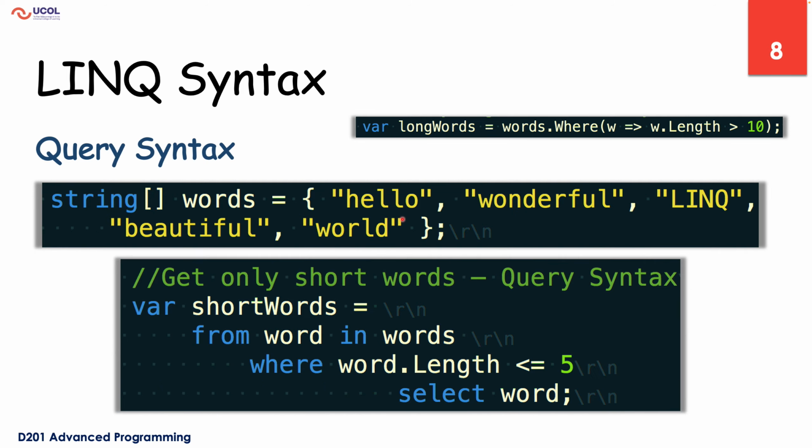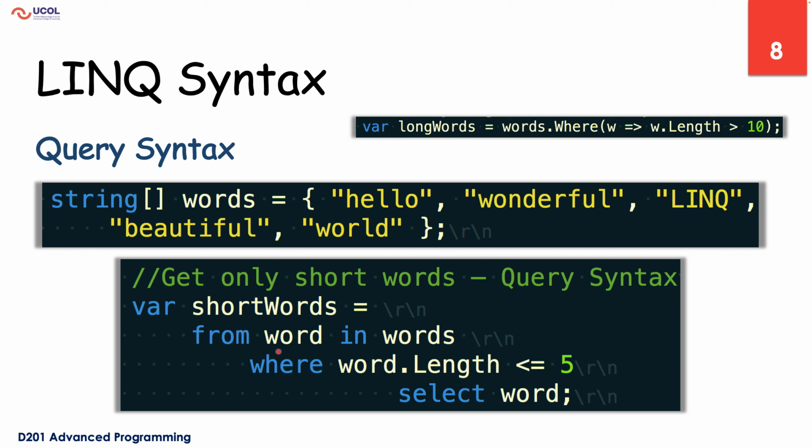On the other hand, if we look at the query syntax, in this one we have a variable short words, and then we say from word in words. So now we have from, in, where, select. We have different types of clauses that we need to write, just like writing a SQL query. I'm pretty sure you are familiar with database development, with structured query language, SQL.